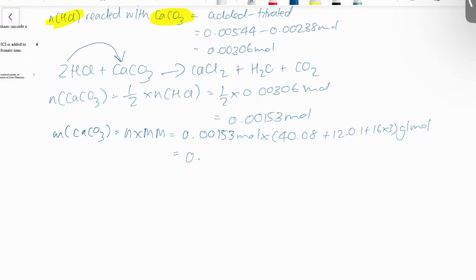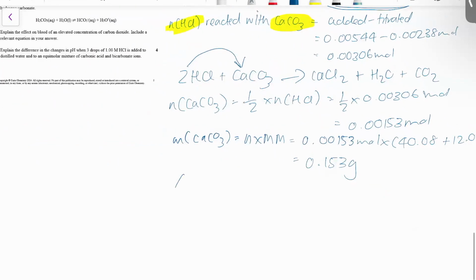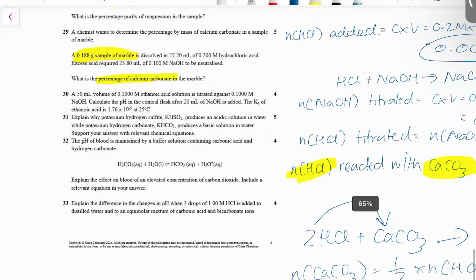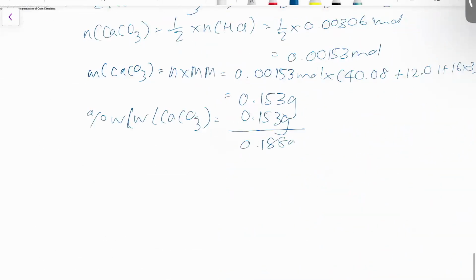Oh yeah, that's right, 0.153 grams. As a percentage, weight on weight of calcium carbonate, it's going to be 0.153 grams over my entire sample, 0.188 times 100.